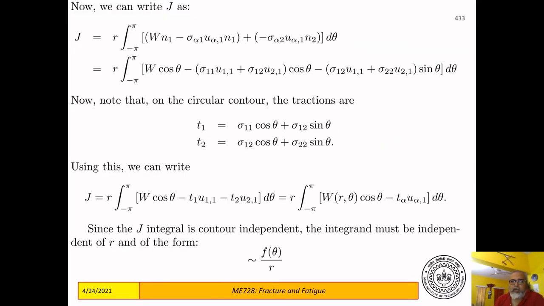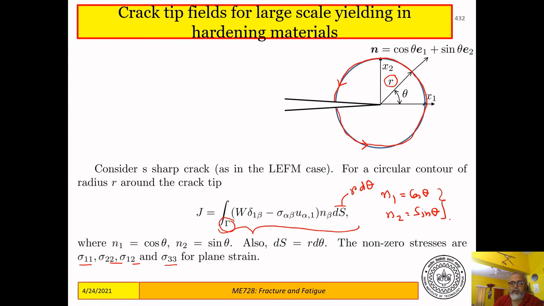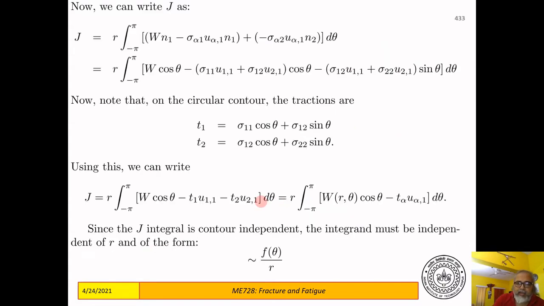Okay. Now, when we do that, we first take the n beta inside. So here we have W n1 minus, so this term is this and this is W n1, and that's what we have written here.